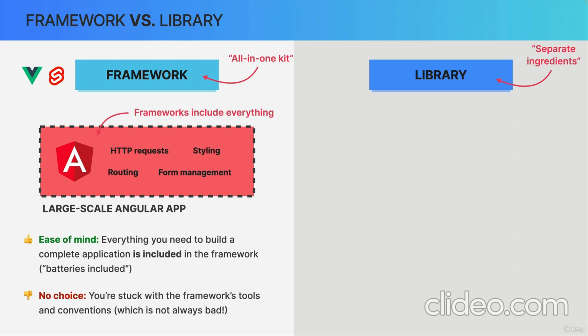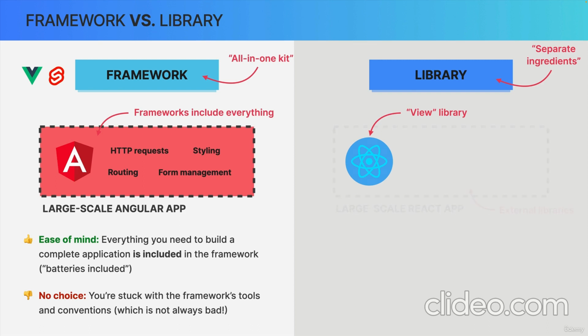However, that's actually not always bad, and so this is not a real downside for some developers. Now, on the other hand, we have JavaScript libraries, which are basically pieces of code that developers share for other developers to use. And the prime example here is, of course, React, which is what we call a view library. View, because all React does is to draw components onto a user interface, so onto a so-called view.